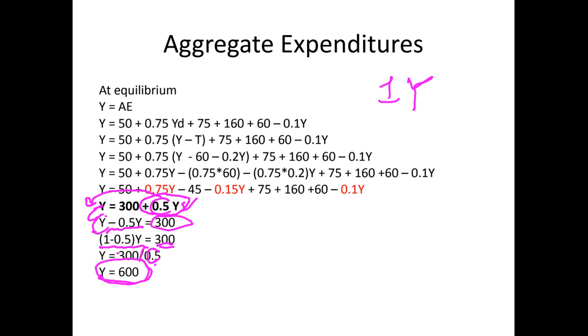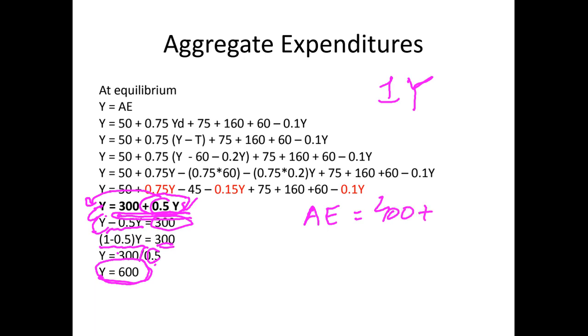Now, let me give you the rule so that you don't make this mistake in your midterm exam and also in your assignment. Let me give you another aggregate expenditure function. I just showed you how to derive this aggregate expenditure with all this data, so now I'm giving you a different number. Suppose this is 400 plus 0.6y.